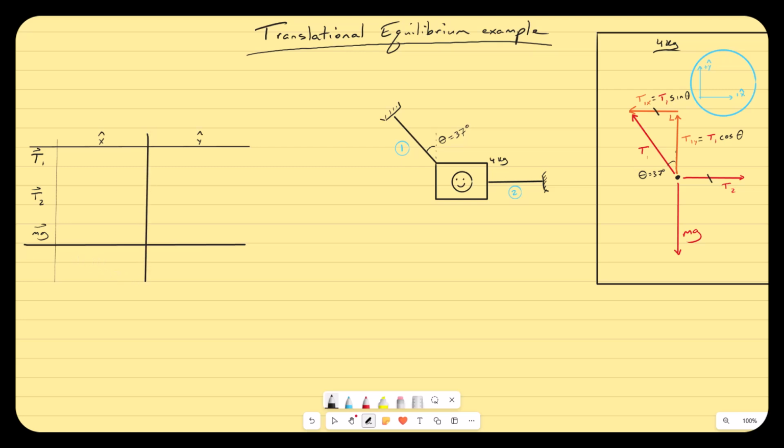And in the end, my total force has to be 0 for x and has to be 0 for y. My mg was a 0 here, and a negative m times g, 4 kilograms times 10 meters per second squared is 40.